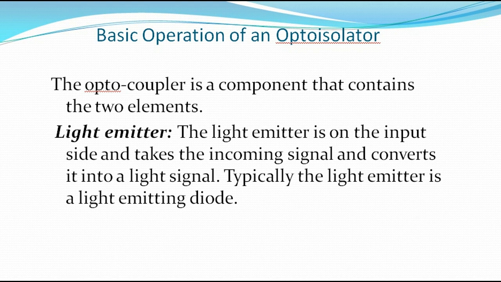Once the emitter has taken the incoming current or voltage, which is an electrical signal, the diode converts it into a light signal.